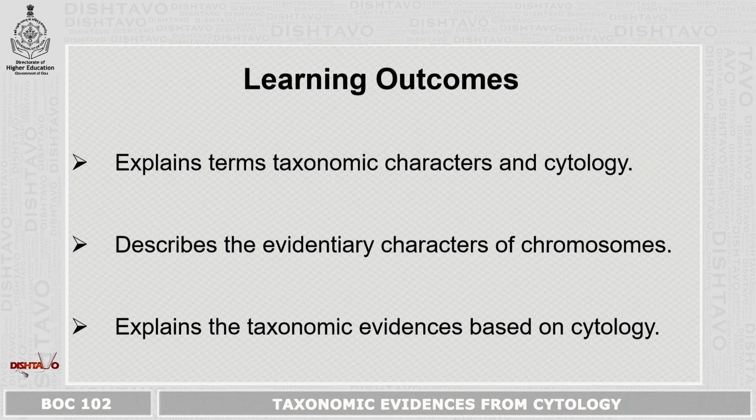Learning outcomes. Once the student completes this module, the student will be able to explain the terms taxonomic characters and cytology, describe the evidentiary characters of chromosomes, and explain the taxonomic evidences based on cytology.